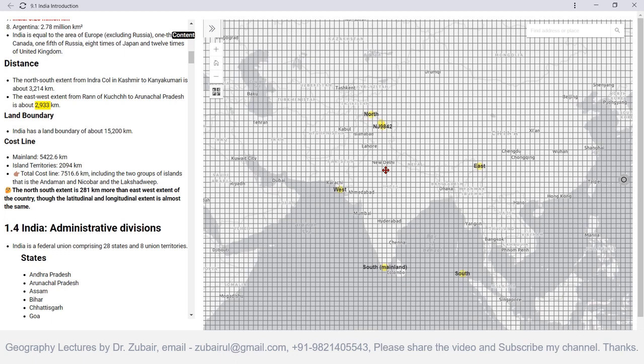You are projecting the curved surface of the earth onto a flat one, and as the curve is there, as you move from the equator towards the pole, this gap is increasing. But the longitude gap is not increasing or decreasing, it is almost the same. So this is the reason that the east-west extent is lesser, while as you move up, the latitude's 1 degree distance is increasing, so there is a slight increase of the north-south extent.